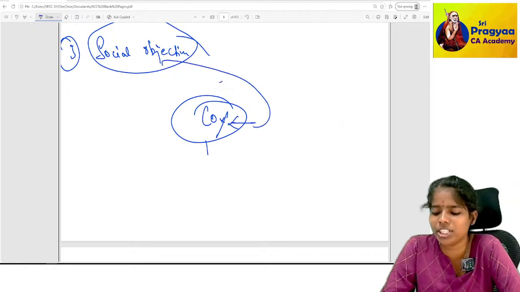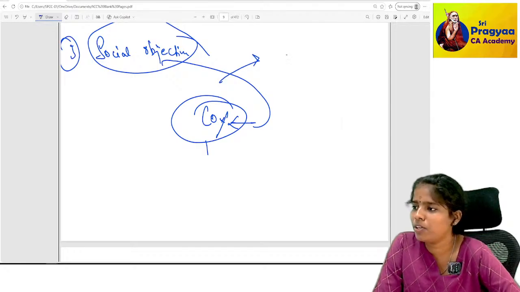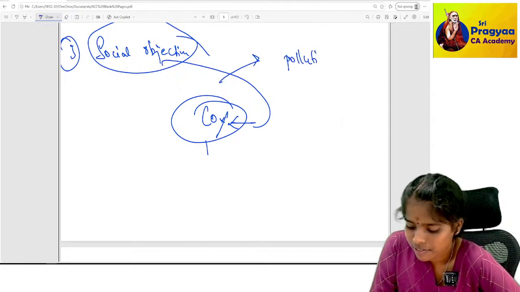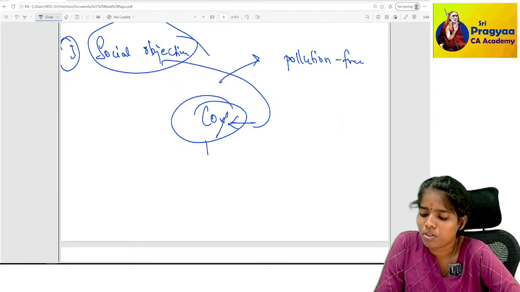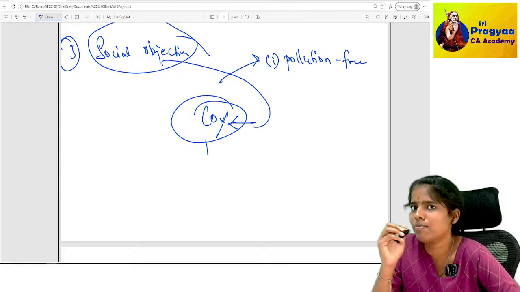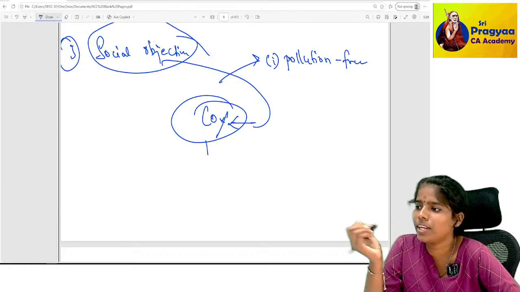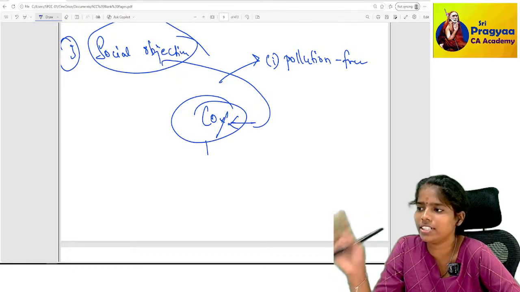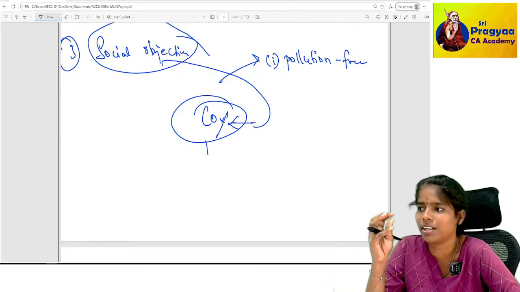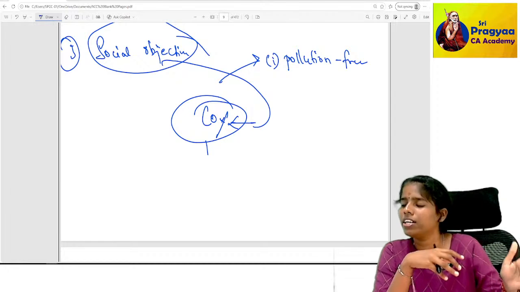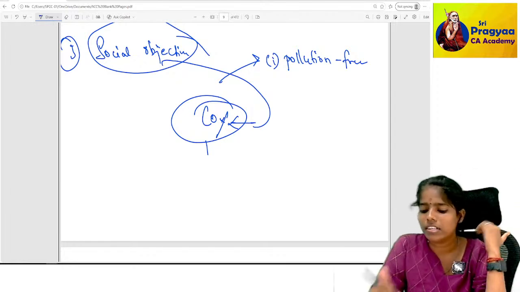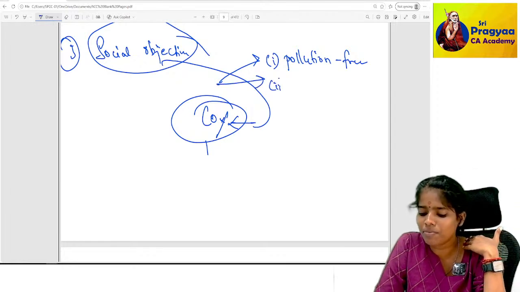What can be the social objectives? First, pollution free. We see in the news that they are polluting by releasing all the waste into the river. That should not happen. You should have a separate mechanism to treat all your waste. Next, employment opportunities.